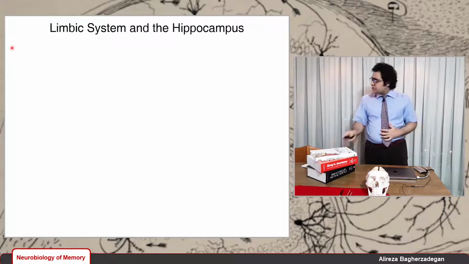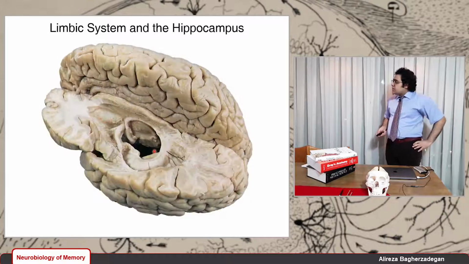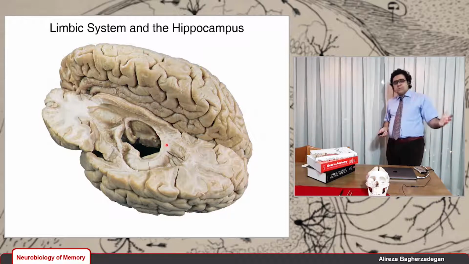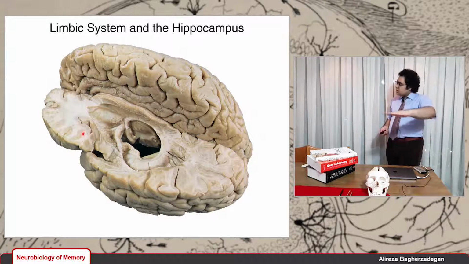So now I'm going to show you a general view of the hippocampus and where it is located. This is the organ we are all obsessed with, the human brain, and there are some structures. We have a transversal cut, and you can see the corpus callosum here, one of the commissural fibers of the brain connecting the cerebral hemispheres.